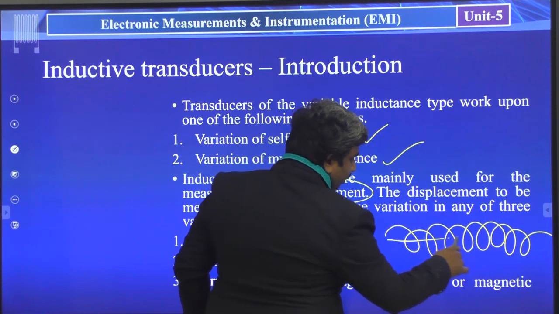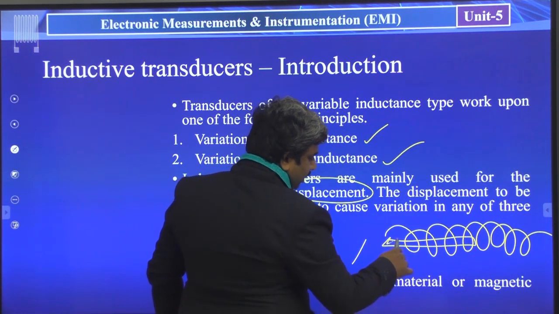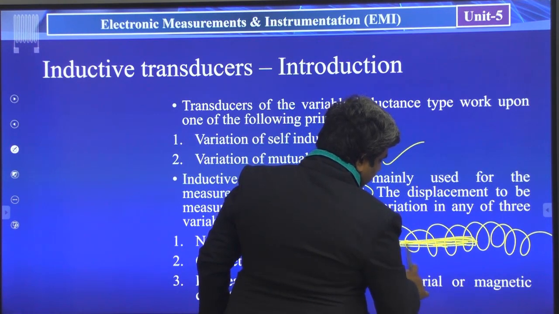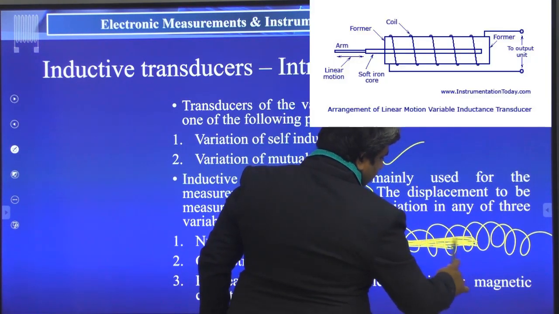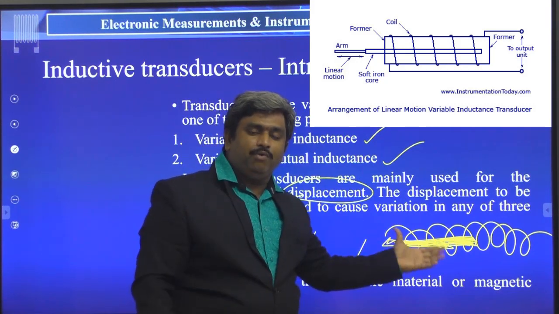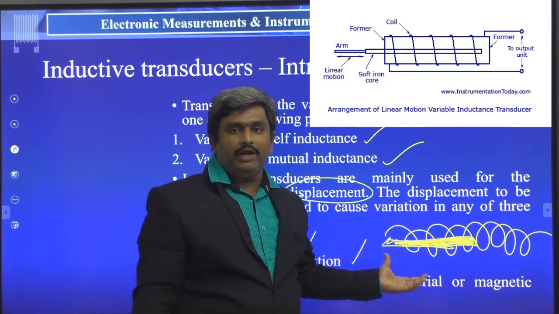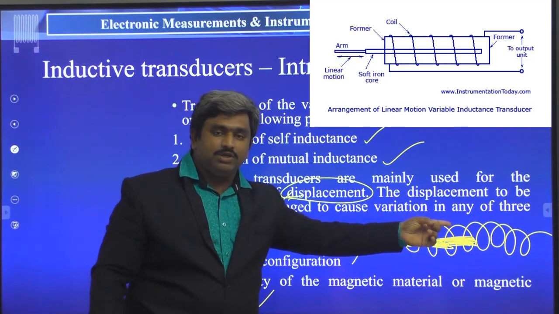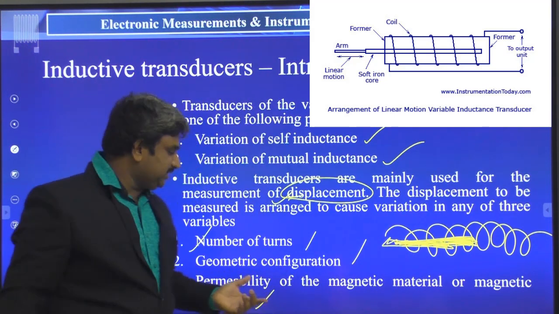Now I have inserted a rod here. How many turns are covered by this rod? That we have to identify. That is the first principle: the number of turns completed using this conductor.